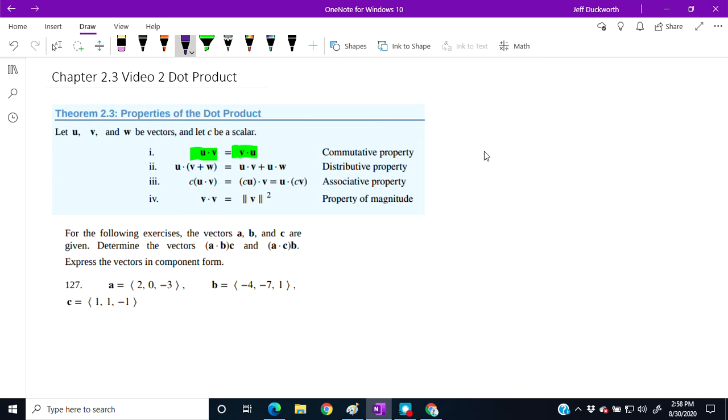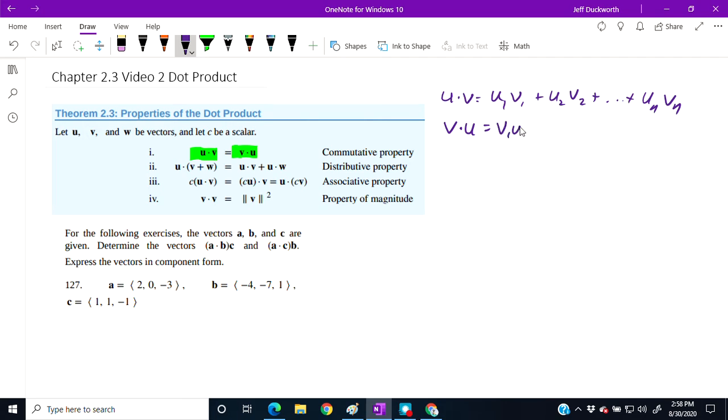Let's talk about the commutative. So u dot v, recall, looks like u1 v1 plus u2 v2 plus all the way to un vn, whereas v dot u is the same thing, only these are in reverse order.